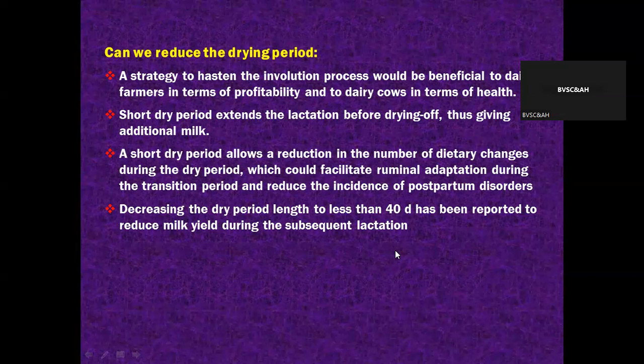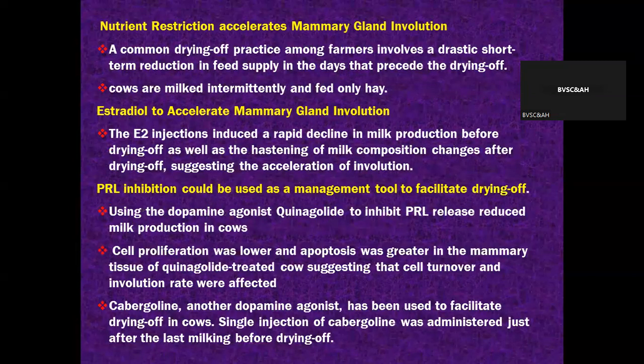That's important if you want a good lactation in the next cycle. For that, you have many strategies. A common strategy is to restrict the feeding some days before drying off. Cows are milked intermittently and fed only hay. Then estradiol injections have been used to induce a rapid decline in milk production before drying off, as well as changes in milk composition after drying off.